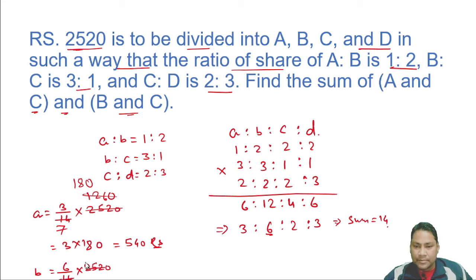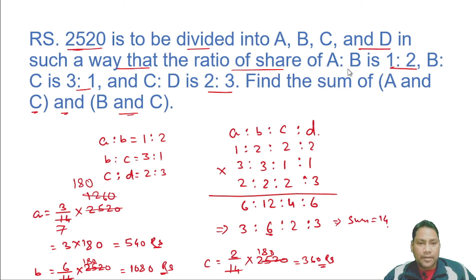If we cut, this will become 180, that is 6 multiplied by 180, 1080 rupees. Now the value of C will become 2 divided by 14 multiplied by 2520, that is 180 multiplied by 2, that is 360 rupees.